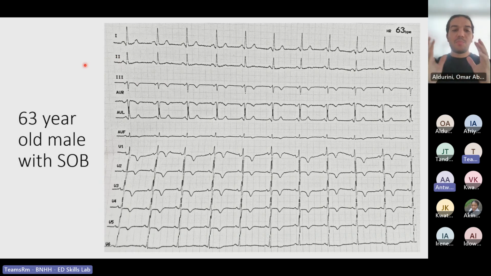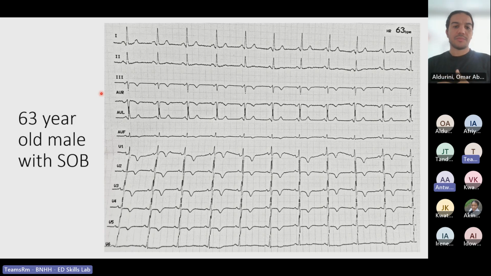But if both leads show the same change, then this is something significant that we have to investigate or act upon.